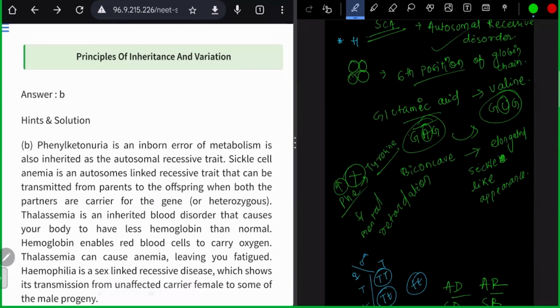Hemoglobin enables red blood cells to carry oxygen, and thalassemia can cause anemia because there is less hemoglobin than normal. Anemia features include fatigue. Hemophilia is a sex-linked recessive disorder which shows transmission from an unaffected carrier female to some male progeny.